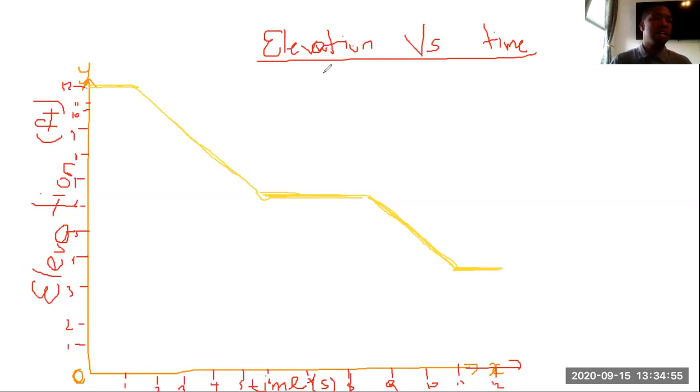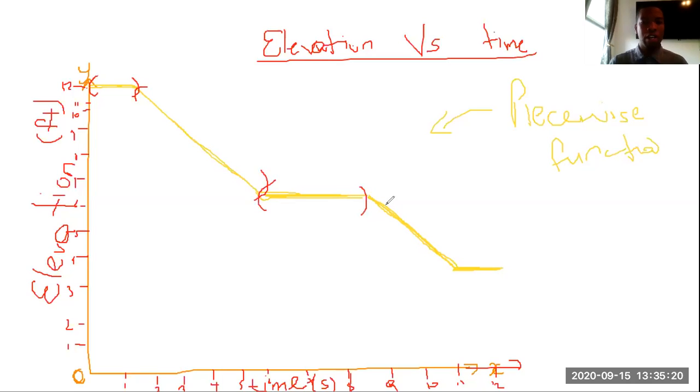And this type of function is called a piecewise function. And it's a piecewise function because it has different graphs coming together.